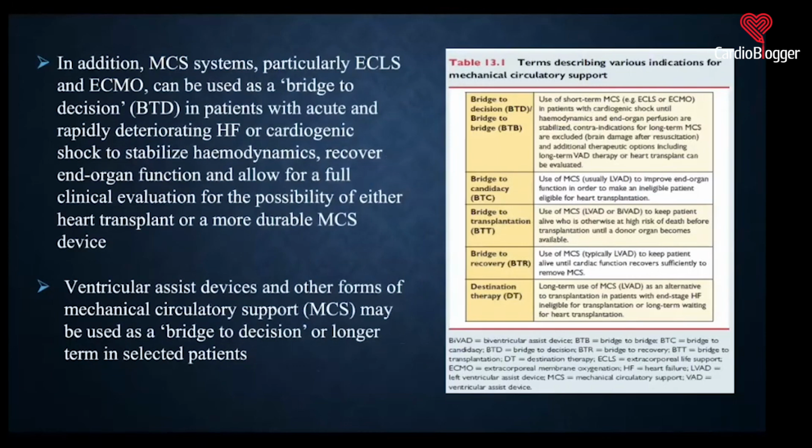ECMO is used as a bridge to destination. Some patients may be put on LVAD devices, some may be used as a bridge to transplant or a bridge to destination. ECMO can be used as just a sole treatment, and then you can remove the ECMO. You should not ideally use it beyond 14 to 21 days. So these are the few things where ECMO can be used.